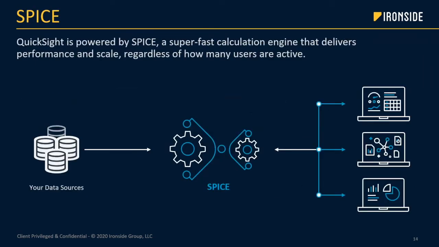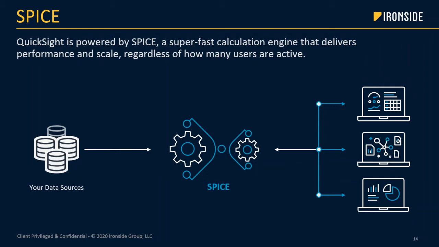Also want to talk a bit about SPICE. So SPICE is a very important component of the QuickSight architecture. SPICE stands for Super Fast Calculation Engine and is a hybrid of columnar and in-memory technologies developed by AWS. So by default, with the Enterprise Edition, you can store up to 10 gigabytes of data per author with the option to purchase more should you need it.